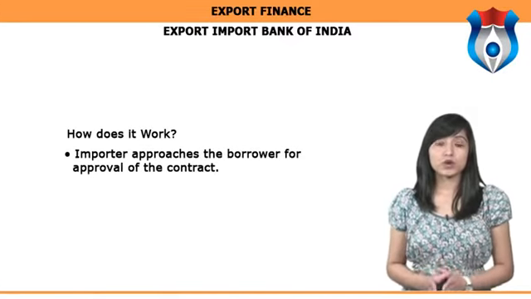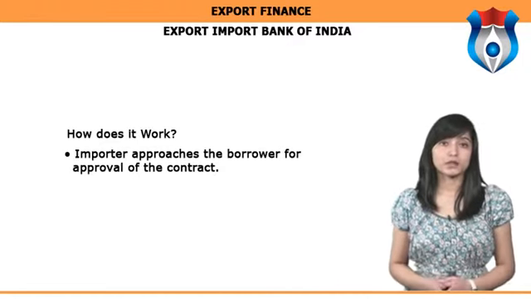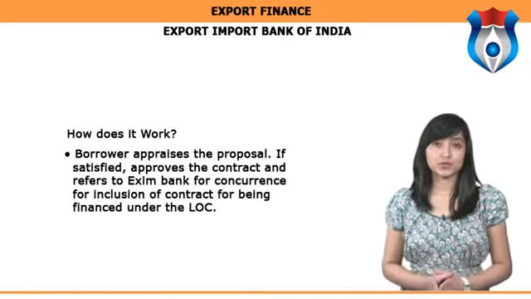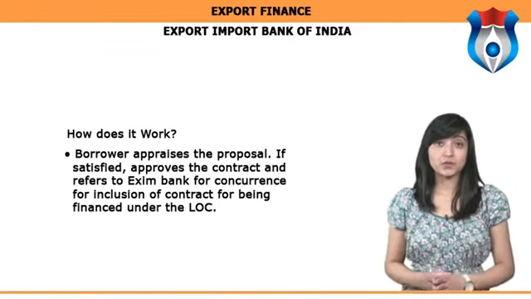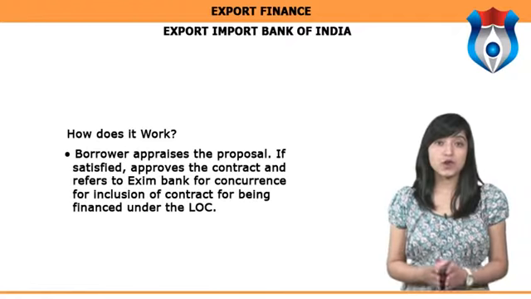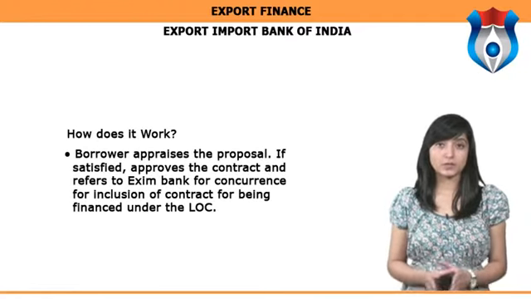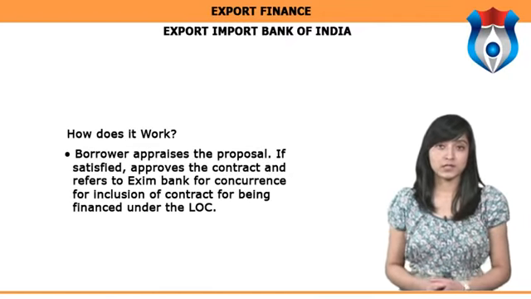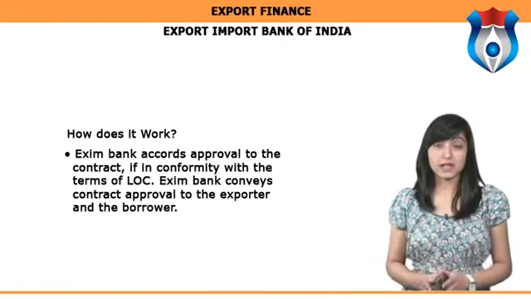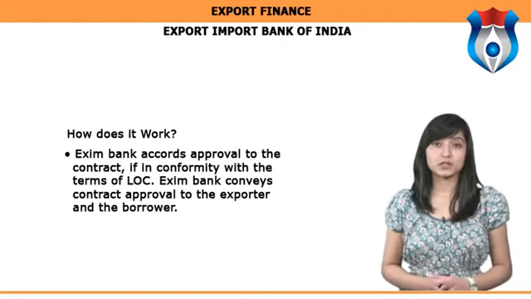Importer approaches the borrower for approval of the contract. Borrower appraises the proposal. If satisfied, approves the contract and refers to Exim Bank for concurrence for inclusion of contract for being financed under the LOC. Exim Bank accords approval to contract if in conformity with the terms of LOC.